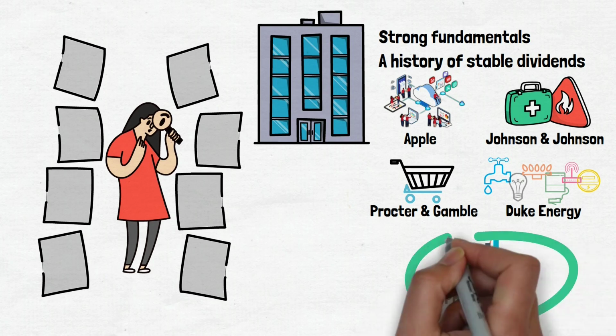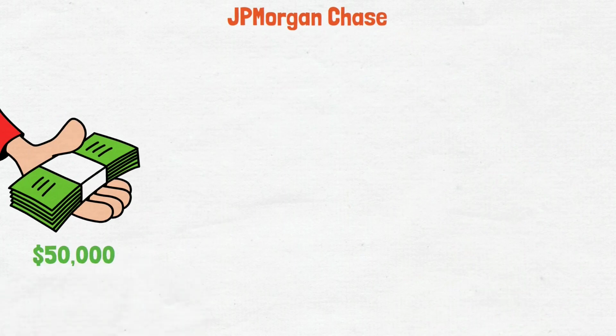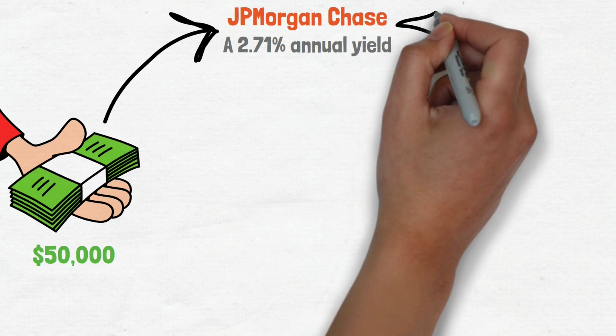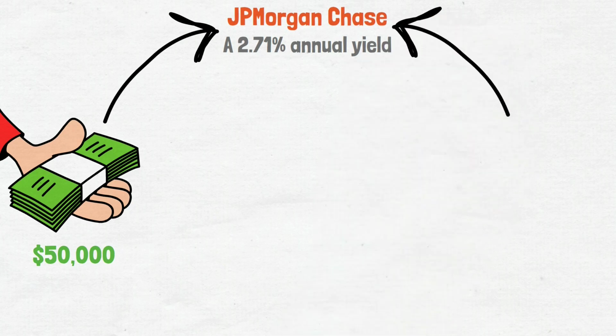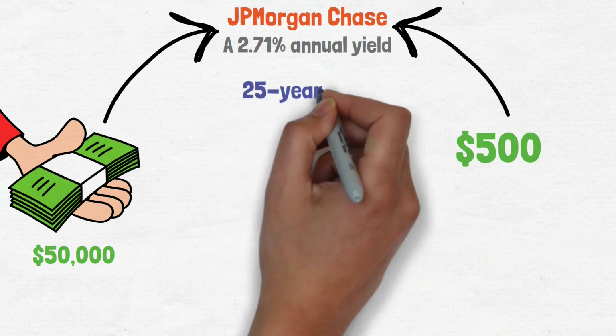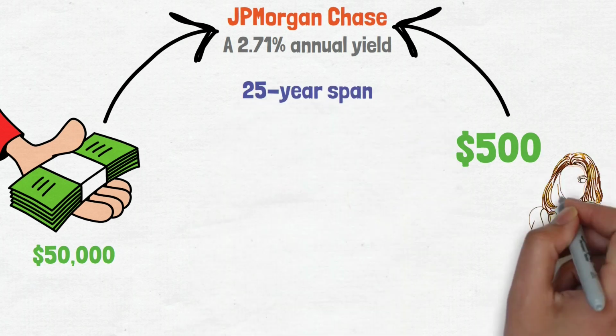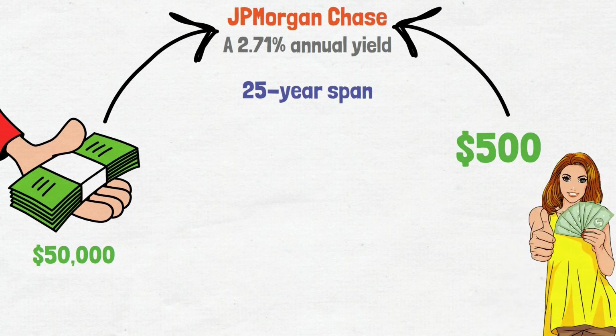Goldie sets her financial sights on JP Morgan Chase, investing an initial $50,000 at a 2.71% annual yield. Alongside this strategic move, she commits to contributing an additional $500 per month to her investment throughout a 25-year span. Goldie's disciplined approach to both her initial investment and consistent monthly contributions yields remarkable results.